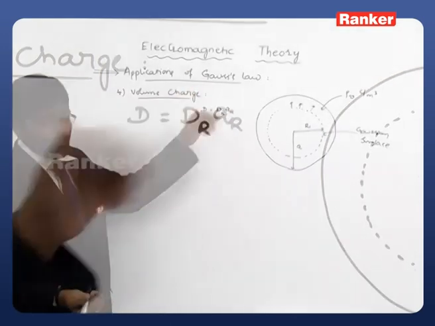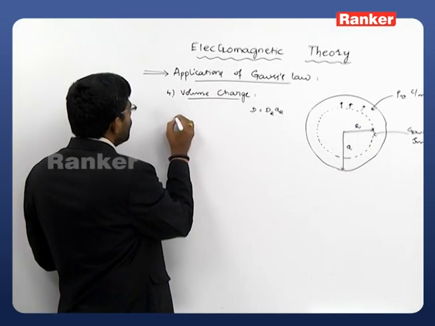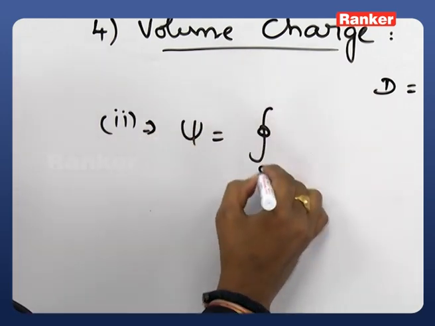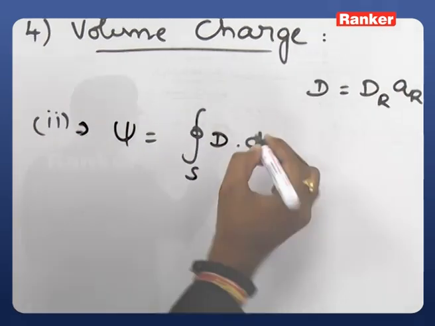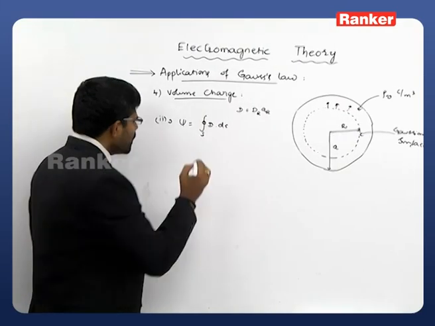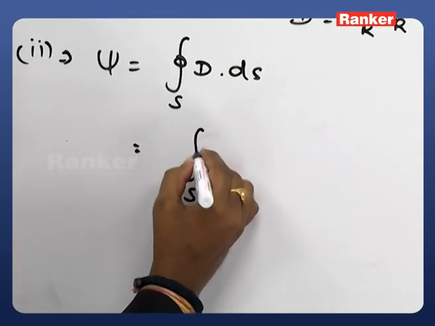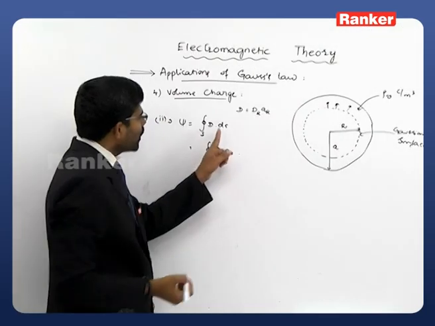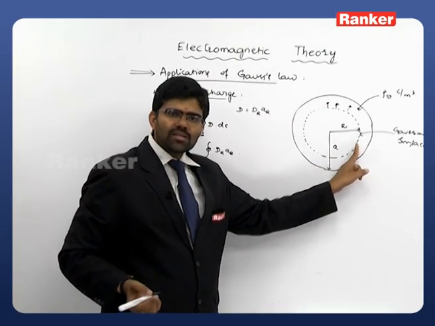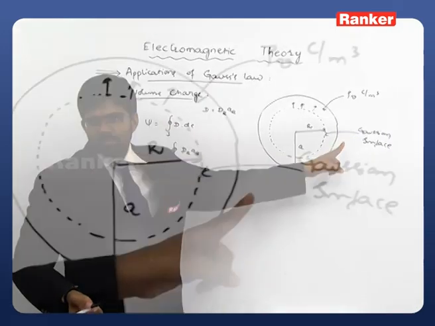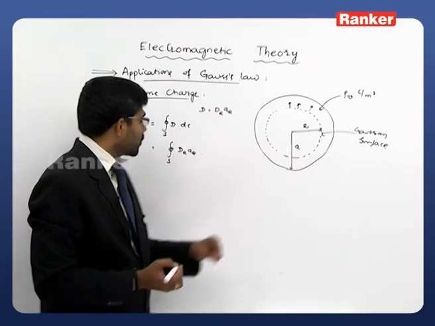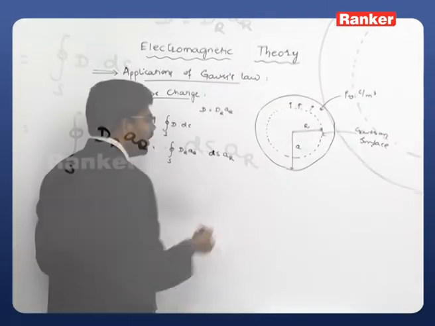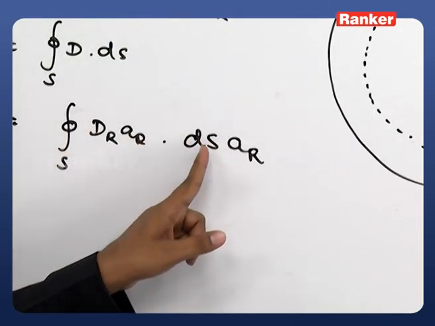Now calculate the total flux leaving. The total flux leaving is psi equals the closed surface integral of D dot dS. Which equals the surface integral of D_r a_r dot, and what is the direction of our surface? It is also in the direction of radius. Don't go for any equation, just observe here, nothing more than that. So it is also in the direction of a_r, and a_r dot a_r is 1.